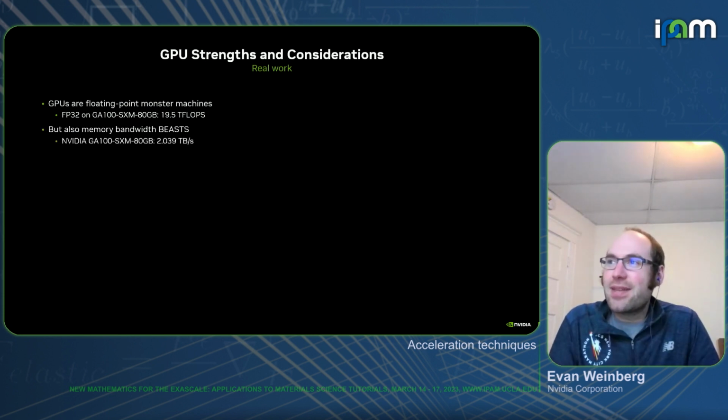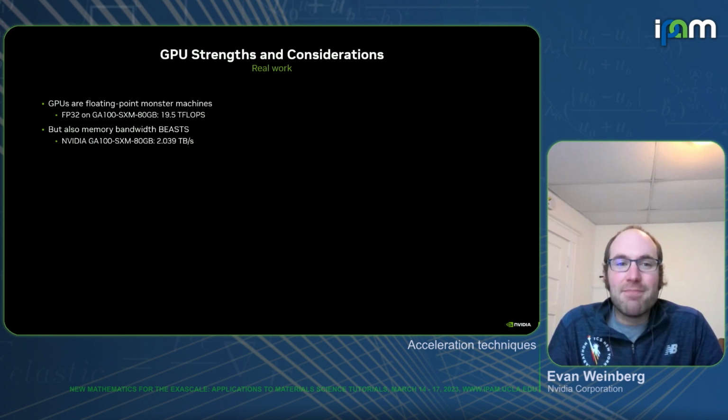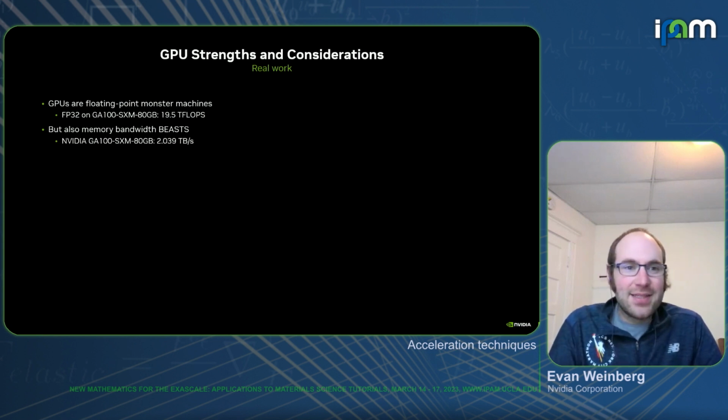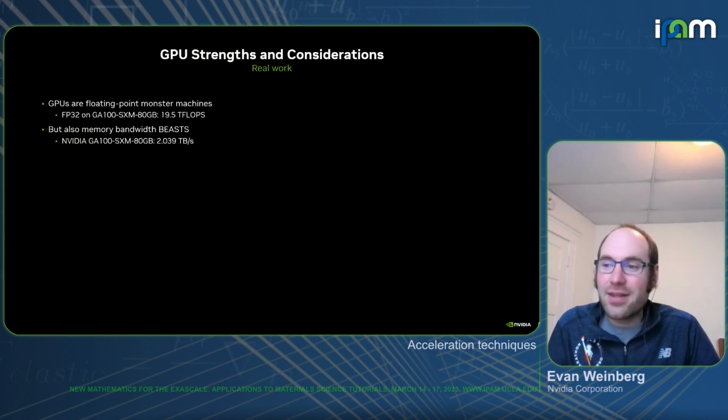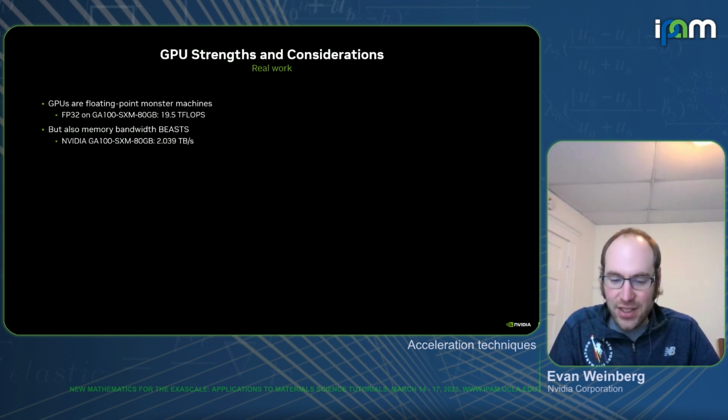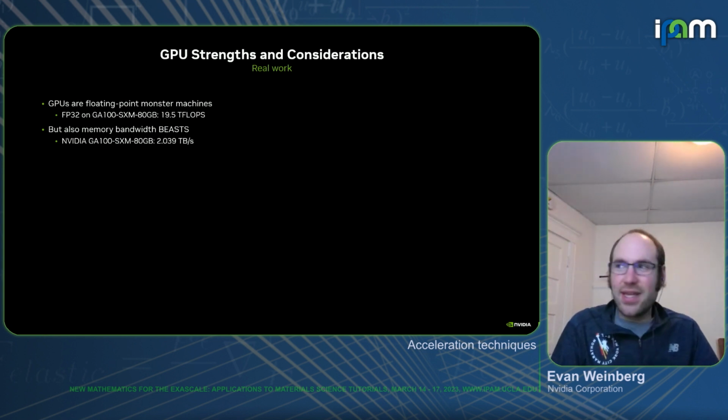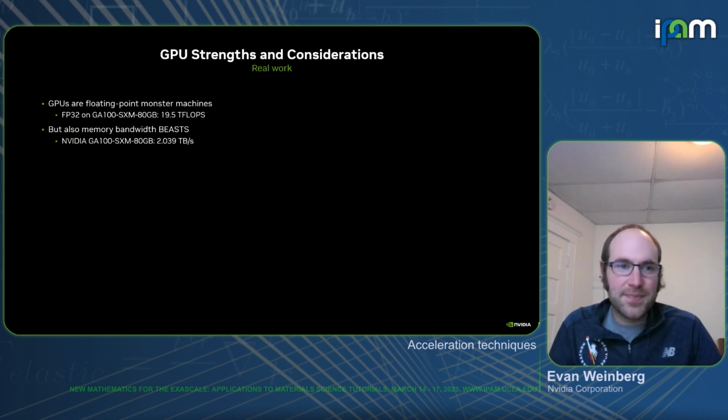Another key strength that GPUs have, though, is they are memory bandwidth beasts. The same A100 GPU has 2 terabytes per second of memory bandwidth, which is due to very efficient, literally called high bandwidth memory, as opposed to GDDR memory that you'd see on CPUs.